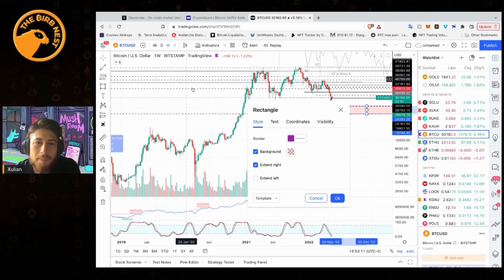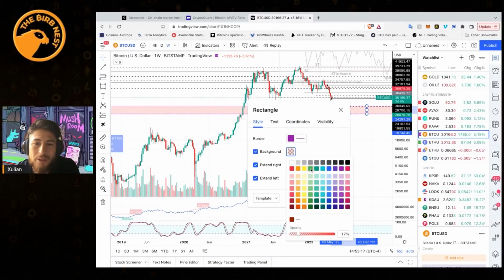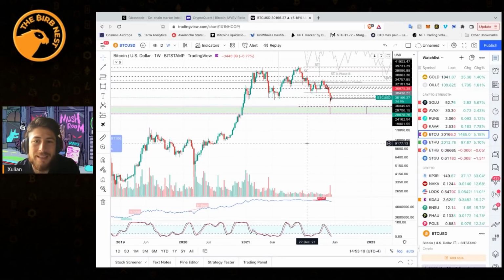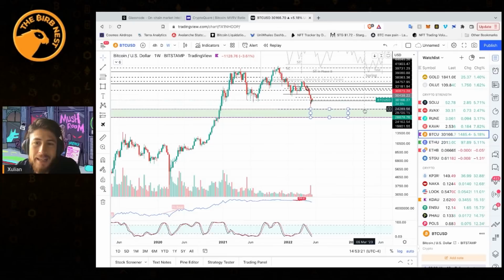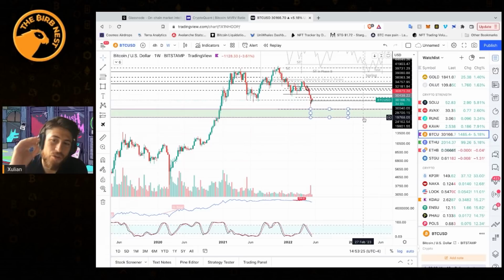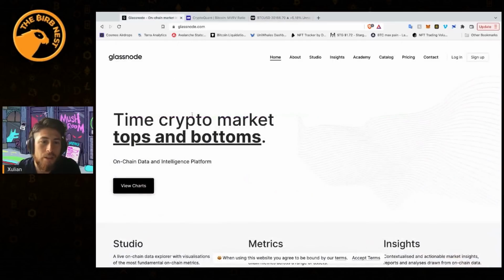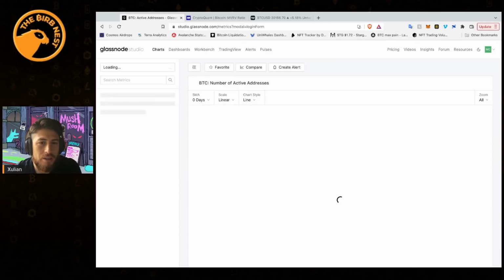So why am I painting these ranges out? Why do these ranges matter? Well, let's talk about that specifically. We can see anywhere between 24 and 19K are the sweet spots for accumulating your Bitcoin, getting as much as you can. So if I hop over to Glassnode now, we can see some of the interesting charts.